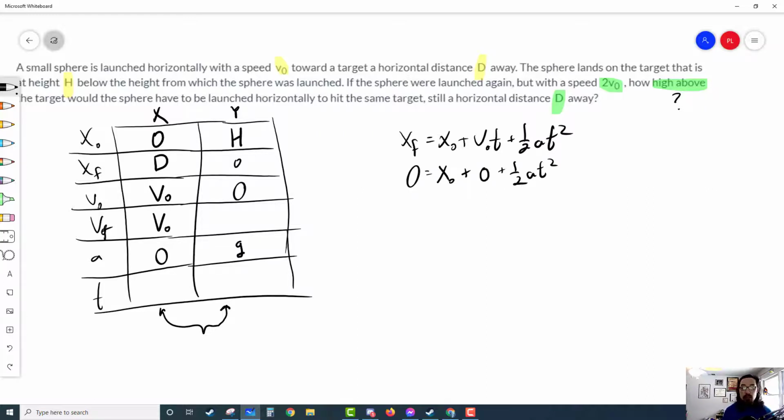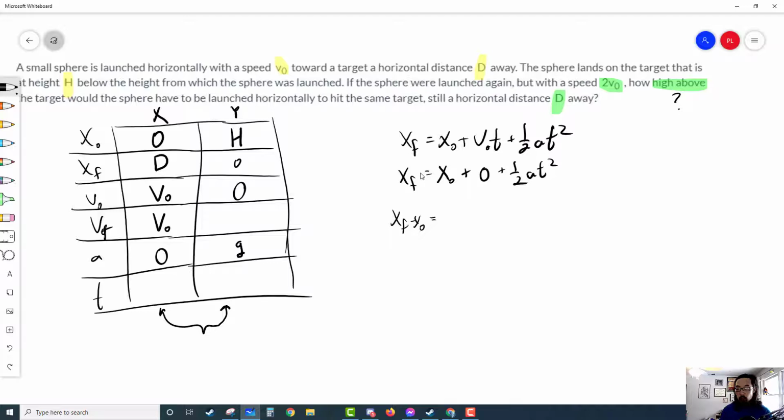Now I'm going to substitute in my variables. Even though we said xf is 0, let me put that xf back in there actually. The reason I want to do this is because they tell us our height was h, and so our displacement, xf minus xo, that's our height.